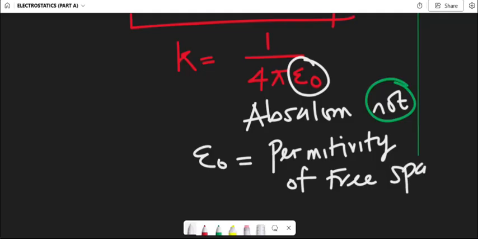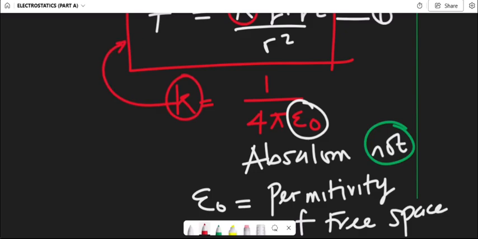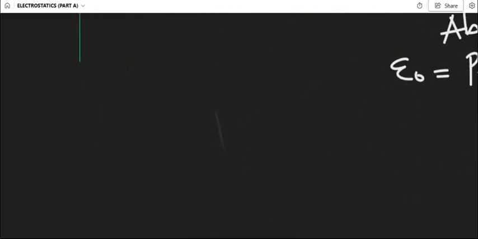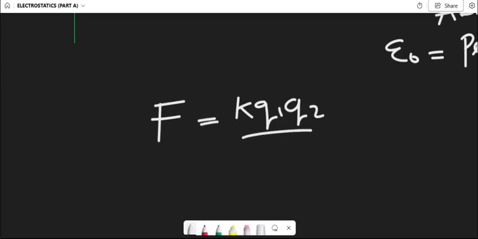So when you combine this value of k into what we have in the equation, since we have the force of attraction, F is equal to k q1 q2 over r squared.